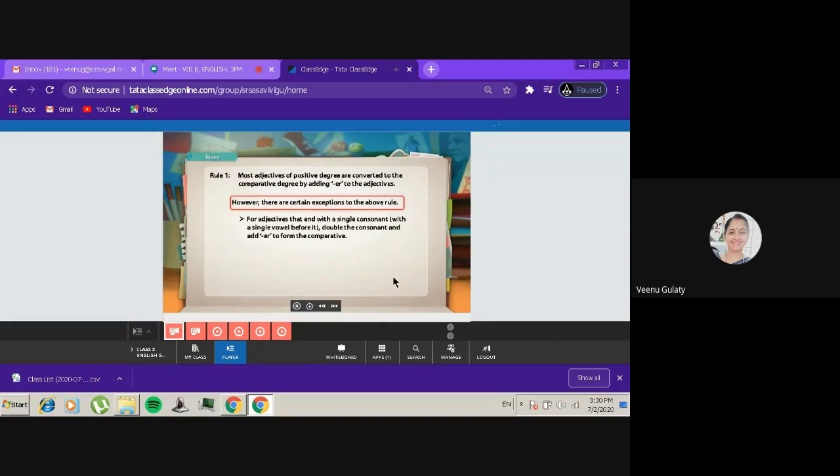For adjectives that end with a single consonant, with a single vowel before it, double the consonant and add ER to form the comparative. Here are a few examples. Fit, fitter. Thin, thinner. Big, bigger.